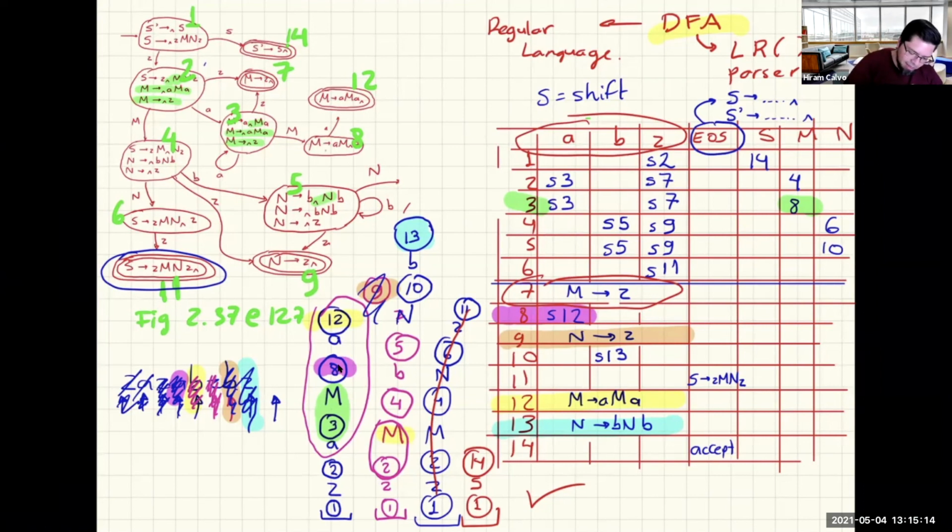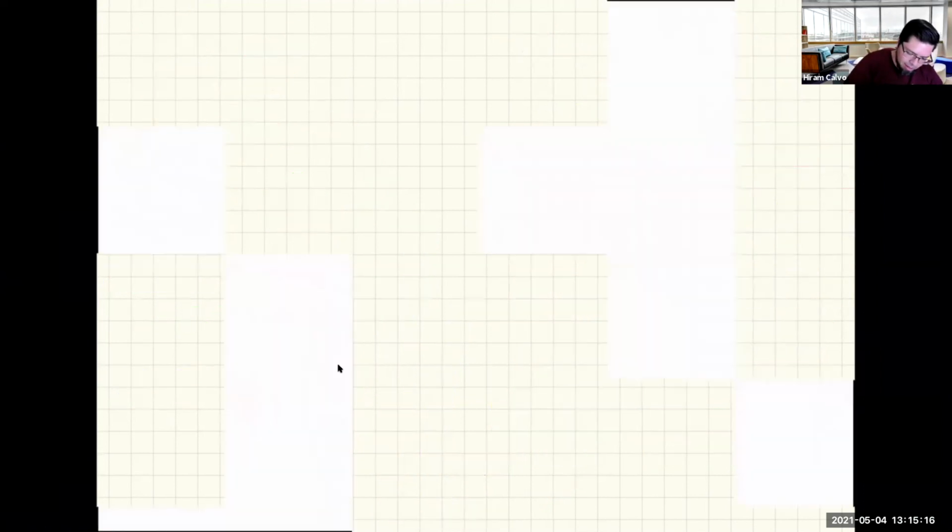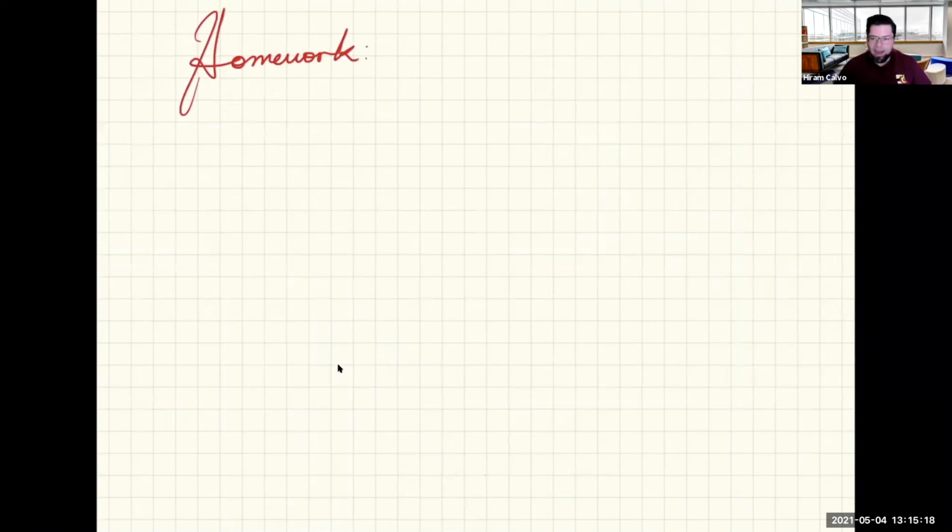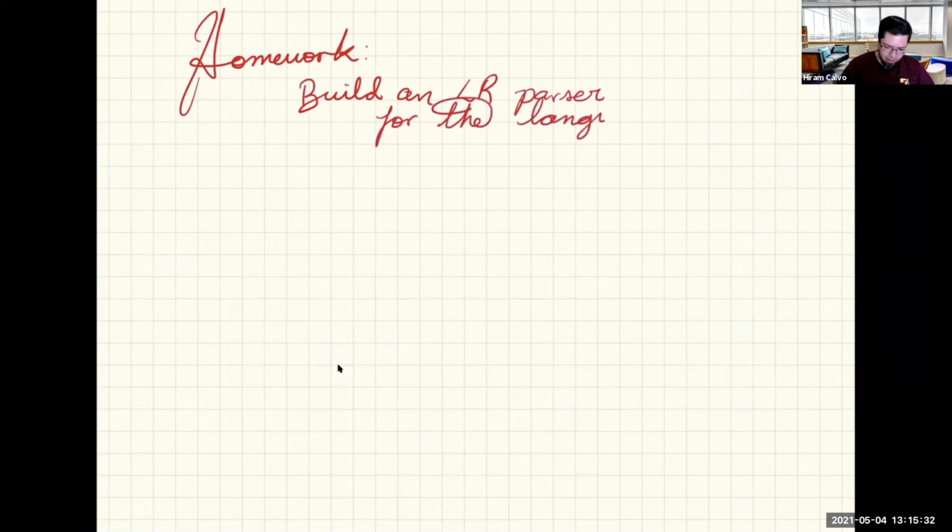So the homework will be to build an LR parser for the language L = {x^n} union {x^n y^n}.